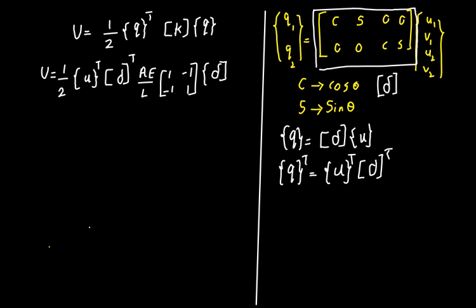into the U matrix. Okay, I don't have the luxury of space here. I will take a fresh page and I'm going to expand this in the next step. So U is equal to 1 by 2 into U transpose into del transpose. We know the transpose of the del matrix, so let me write that here, writing the rows as columns.